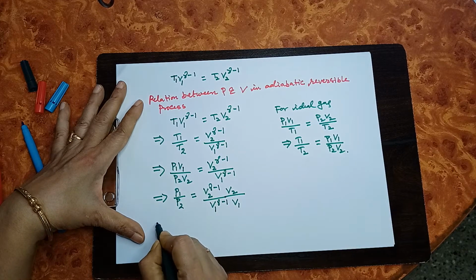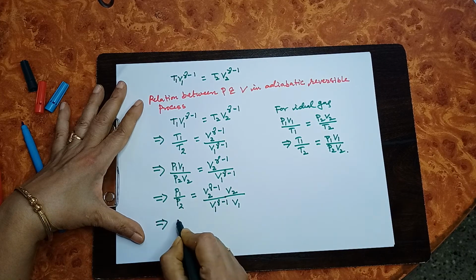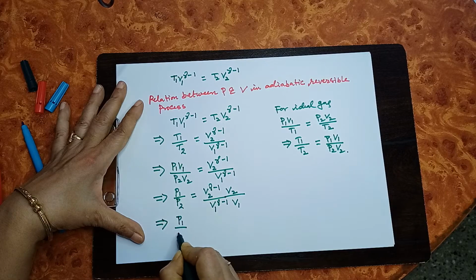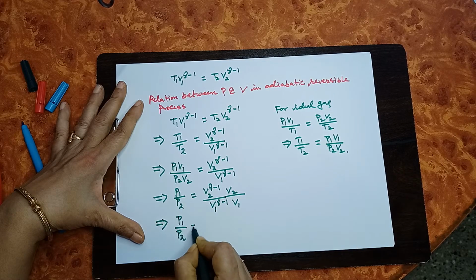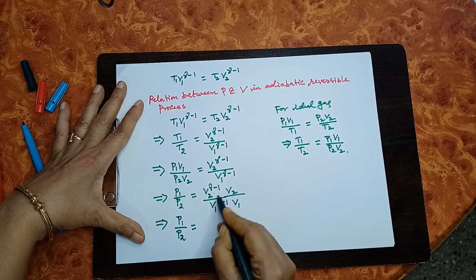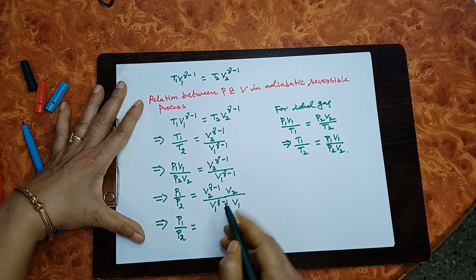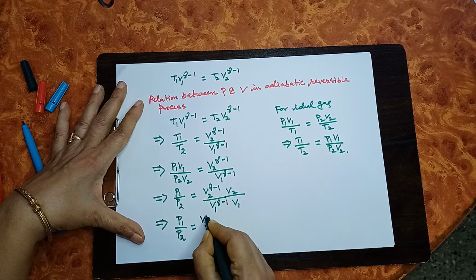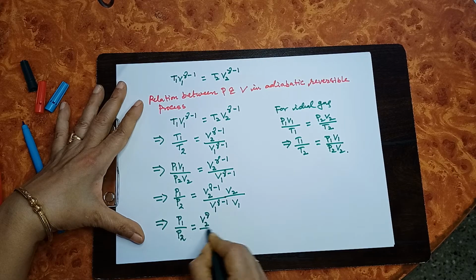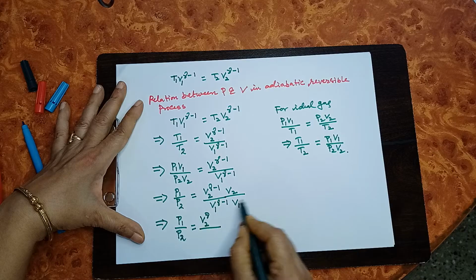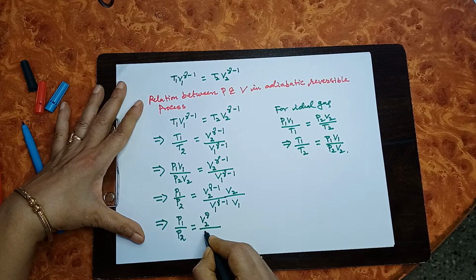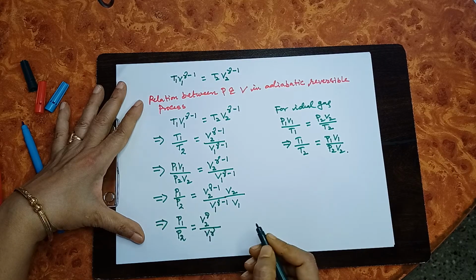Now from here we can write P1 by P2 is equal to, these bases are same, so powers will be added up. That means gamma minus 1 plus 1, so V2 to the power gamma. Similarly here also V1 gamma minus 1 plus 1, so V1 to the power gamma.